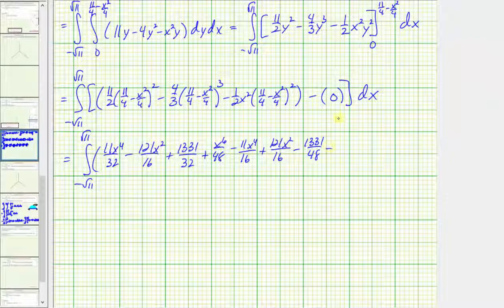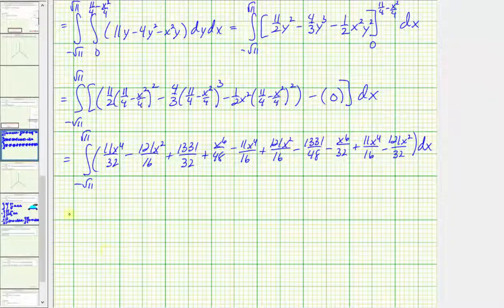And finally we have minus x to the sixth divided by 32 plus 11x to the fourth divided by 16 minus 121x squared divided by 32. And these three terms come from squaring this binomial and distributing negative 1 half x squared.